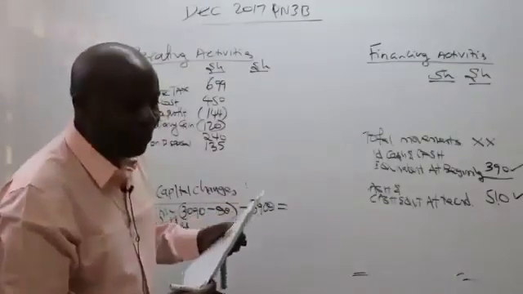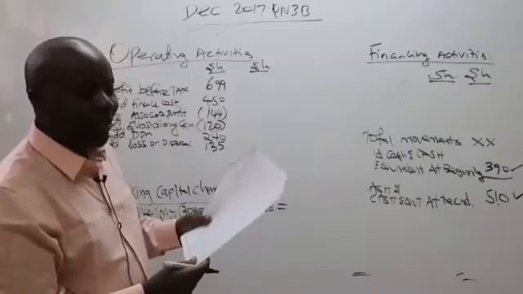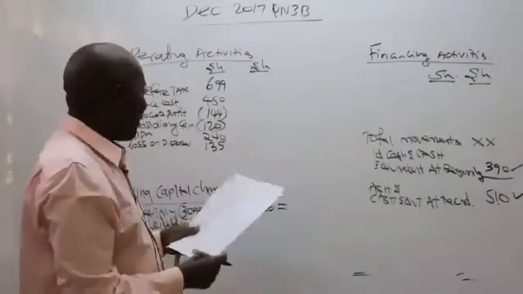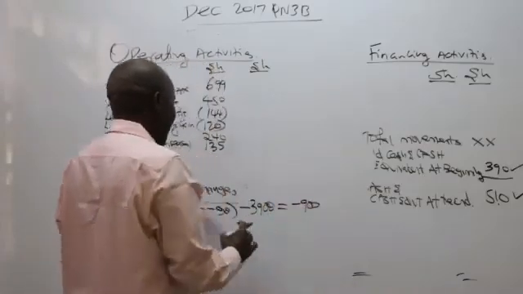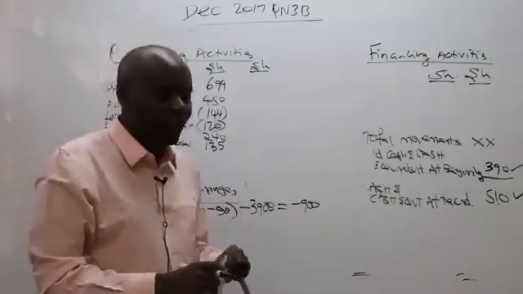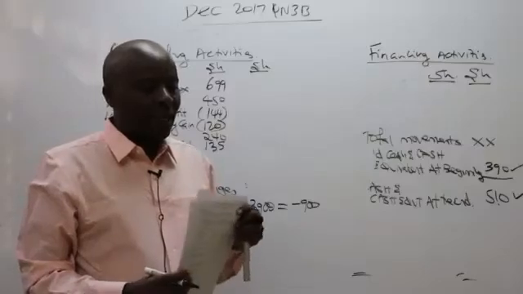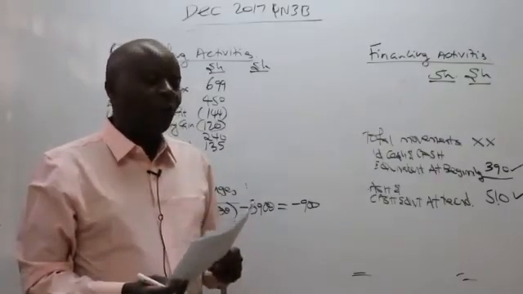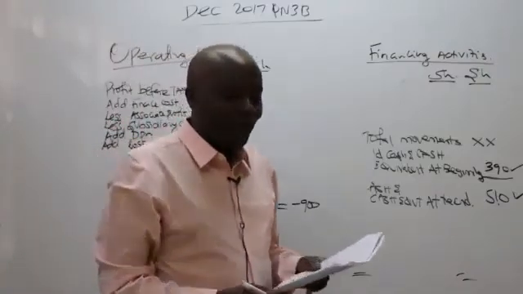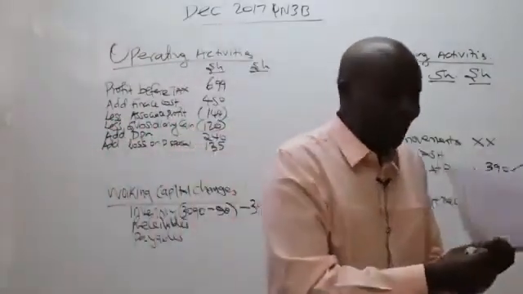Is there somebody who is able to get minus 900? Are we getting minus 900? I am getting a positive 900. 900 outflow. Good question there.